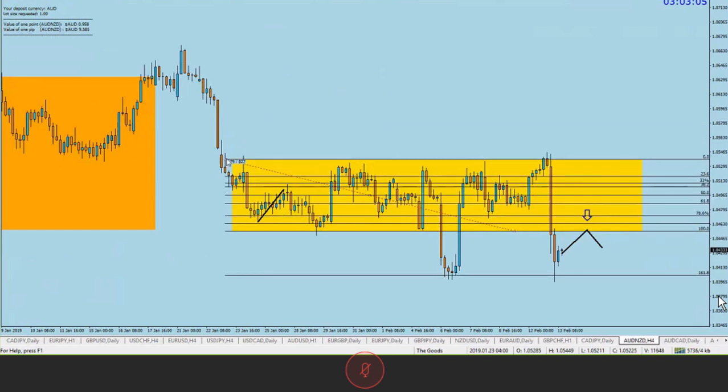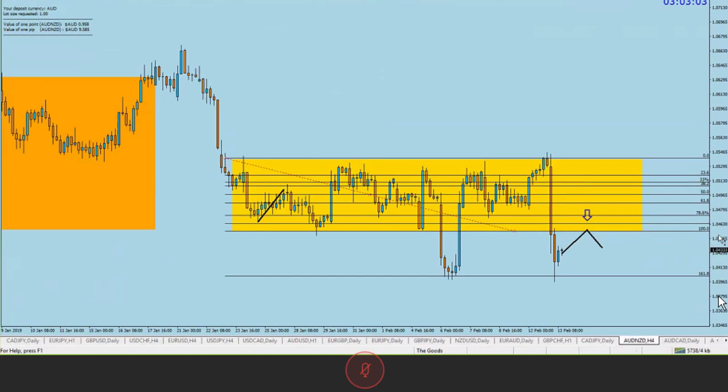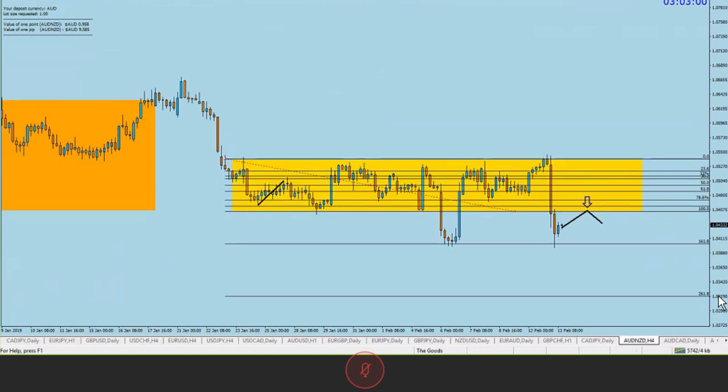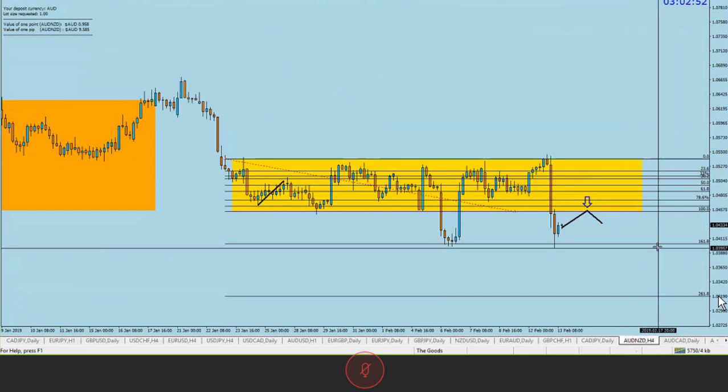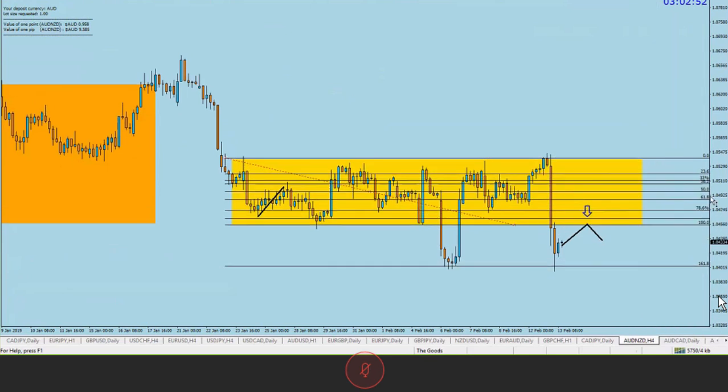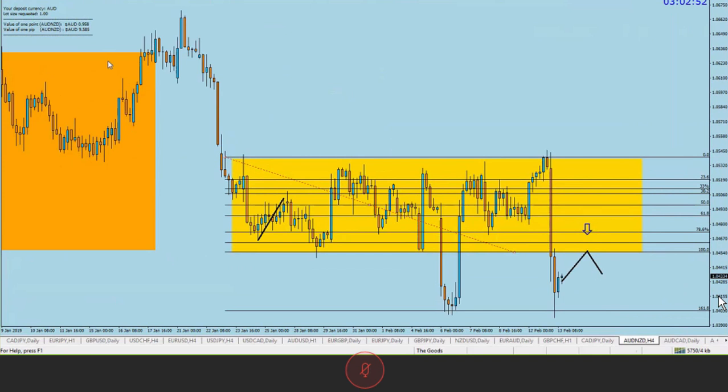For a potential target, you might look down here. So 103.20 would be a potential target. Or you could just go, that level up there at 104 is probably going to be too close, but 103.20 could work.